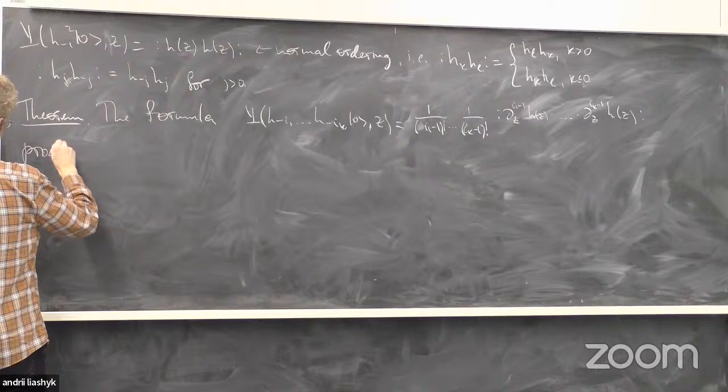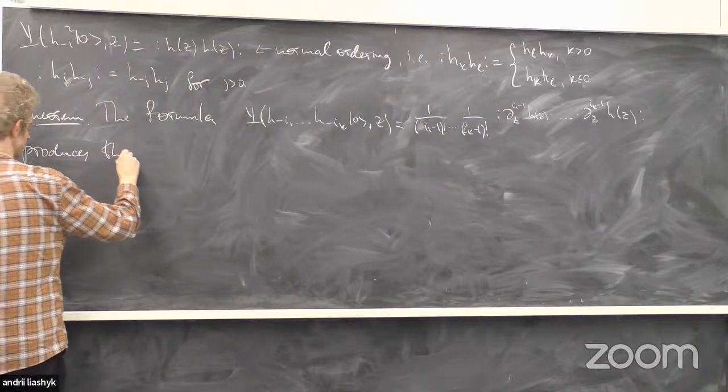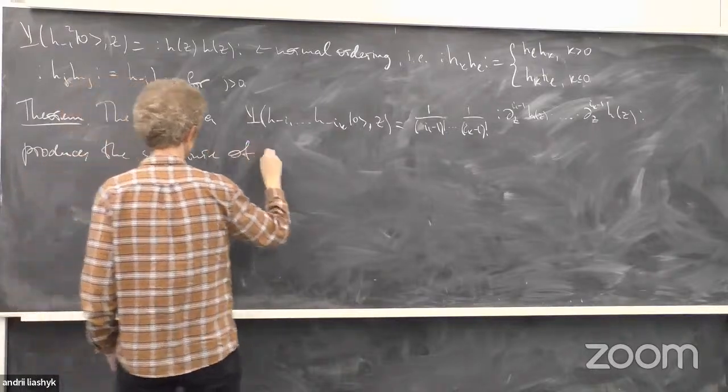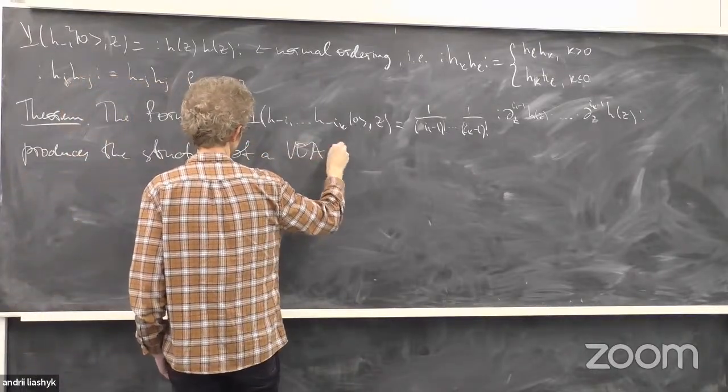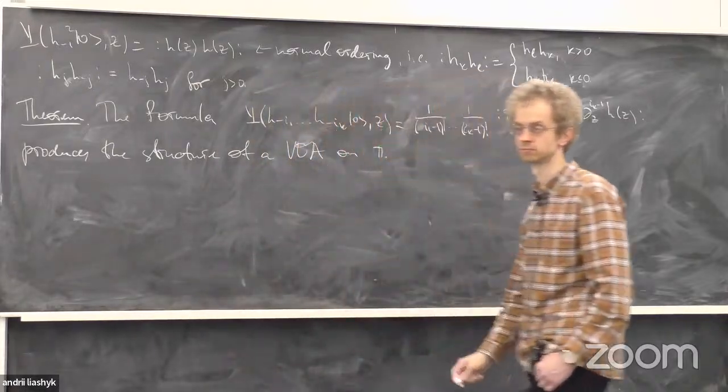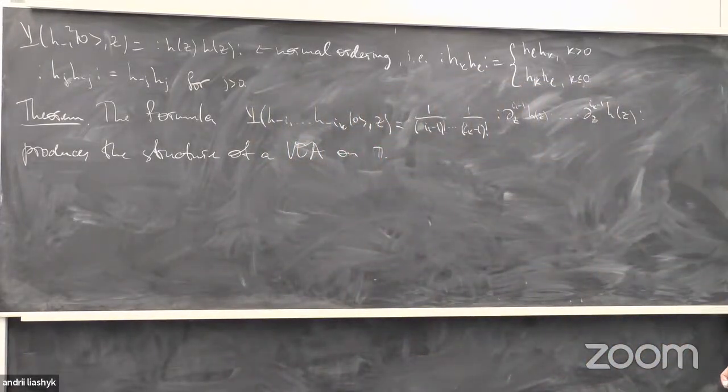It produces the structure of a vertex algebra on phi. Okay. So this is the formula.